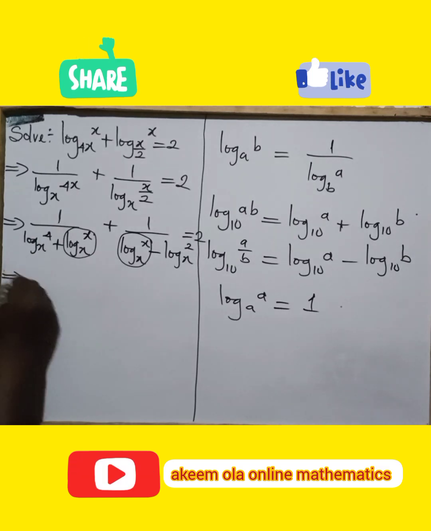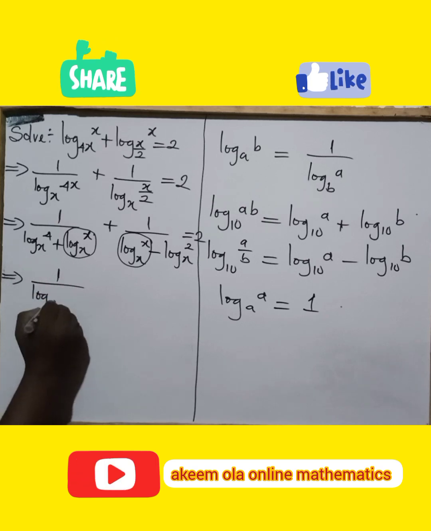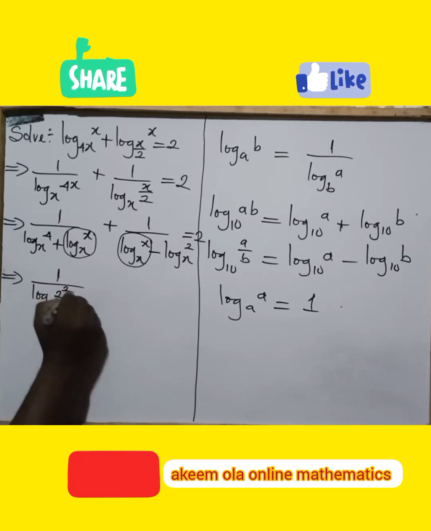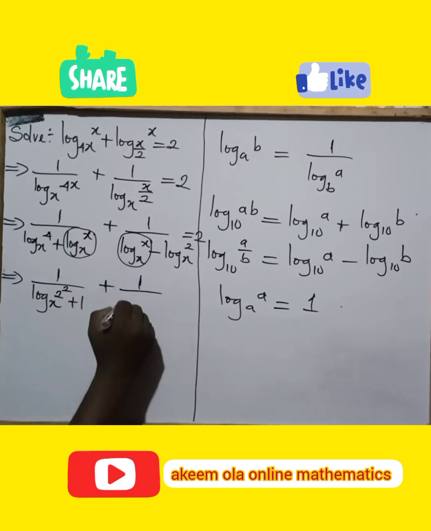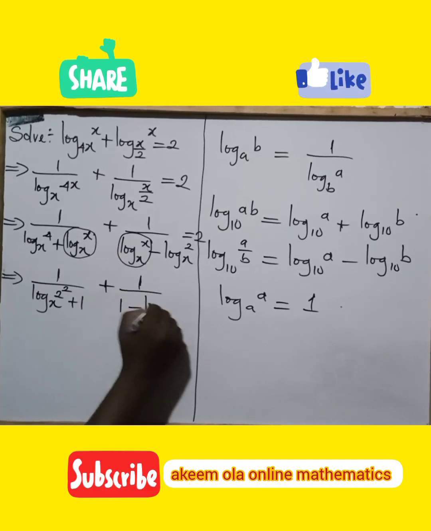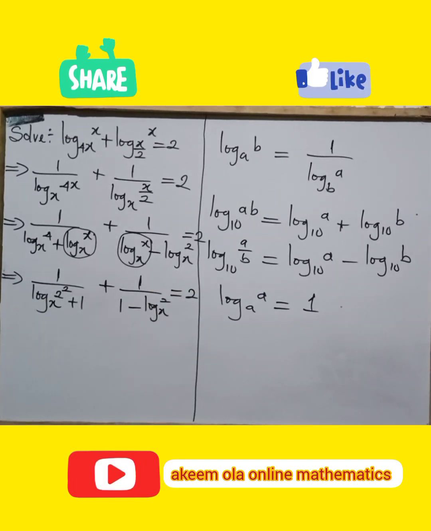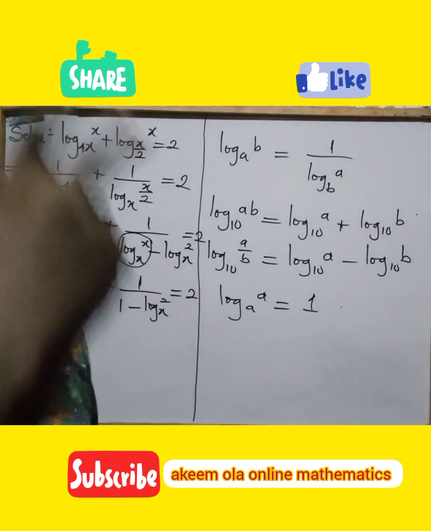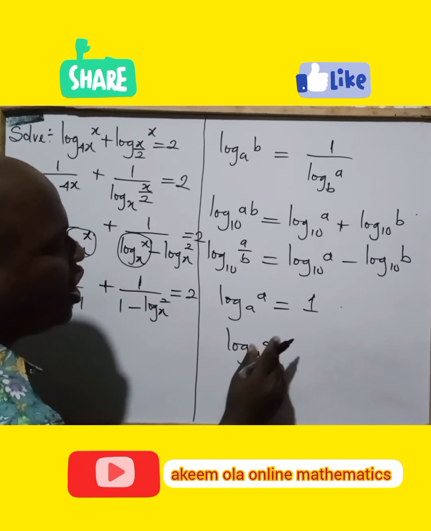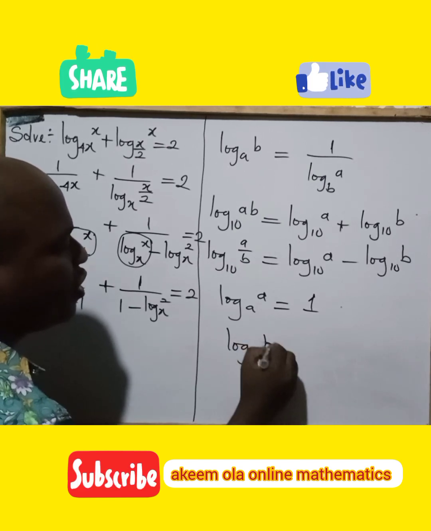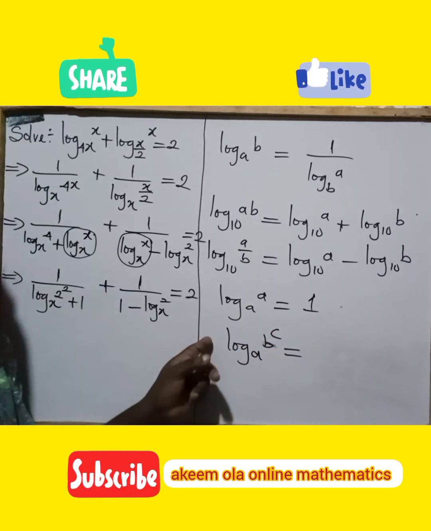So we are going to have something of this nature: 1 all over log of 4 base x. Of course, we can simplify this 4. 4 is 2 raised to power 2. Then we have plus 1, then plus 1 all over 1 minus log x of 2. Everything is now equal to 2. Then another law of log: when you have log A of B raised to power C, the C will serve as the coefficient of this log.